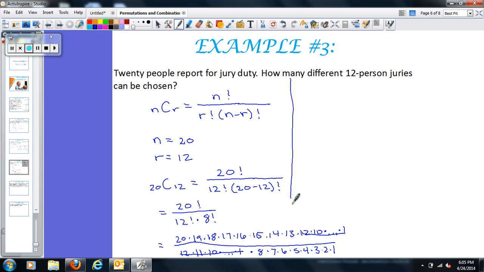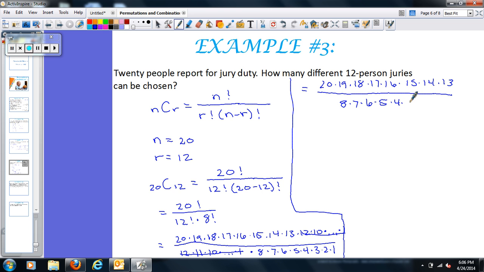That is then going to leave me with 20, 19, 18, 17, 16, 15, 14, 13 over 8, 7, 6, 5, 4, 3, 2, 1.